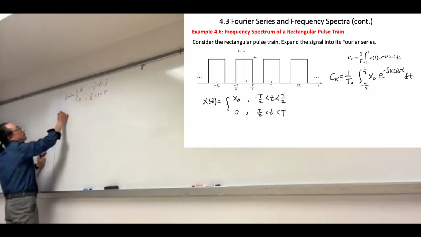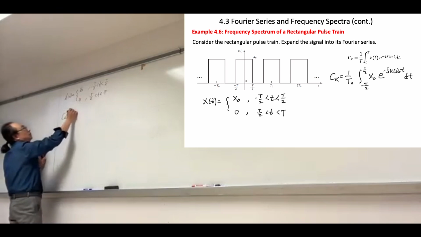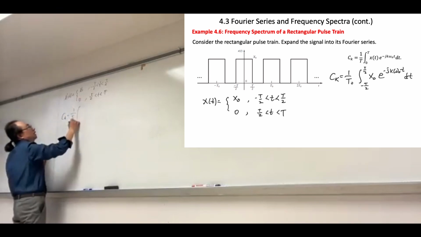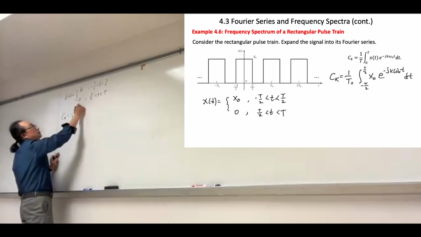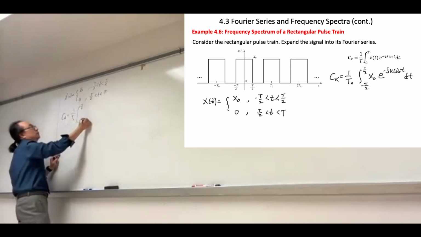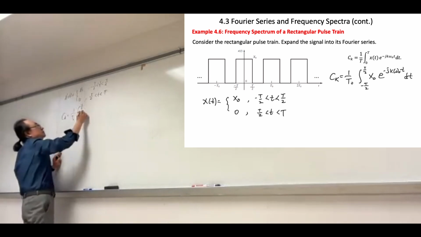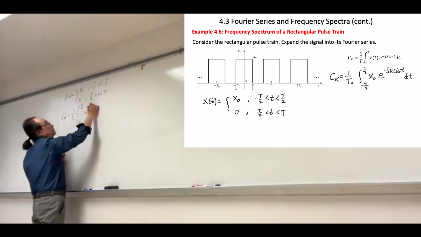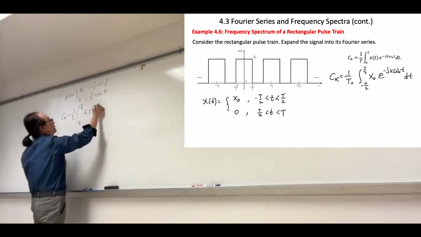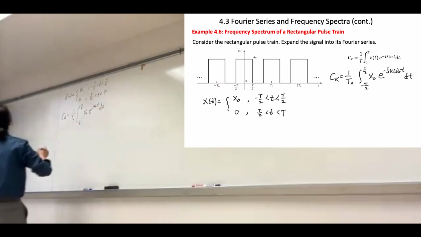So now we have C of k equals 1 over T naught integral from negative T over 2 to positive T over 2 of x of t, which is x naught, times e to the j omega naught t dt.